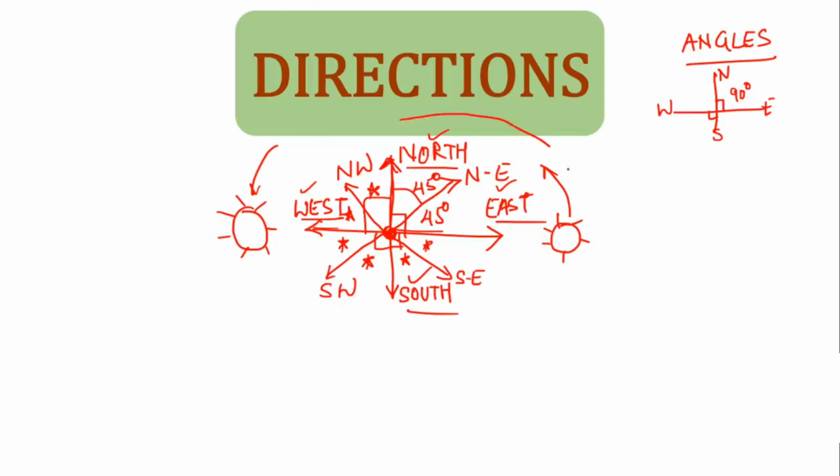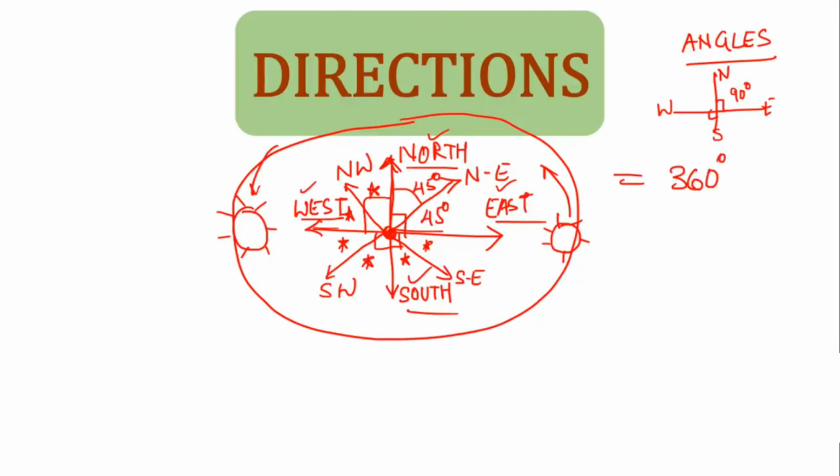If you start from north and come back to north, the total angle would be 360 degrees. Out of that, between north and east the angle is 90 degrees, and each of the subordinate directions makes 45 degrees with the main 4 directions. So remember this, angles are 90 degrees and 45 degrees.